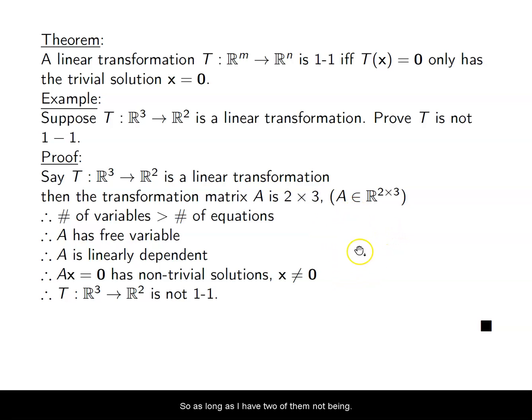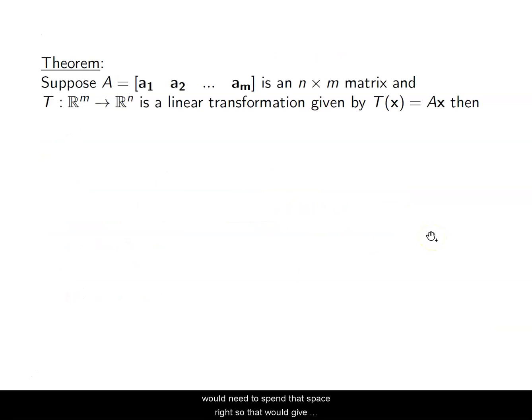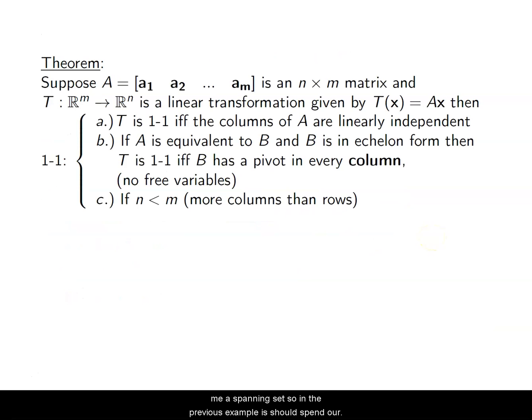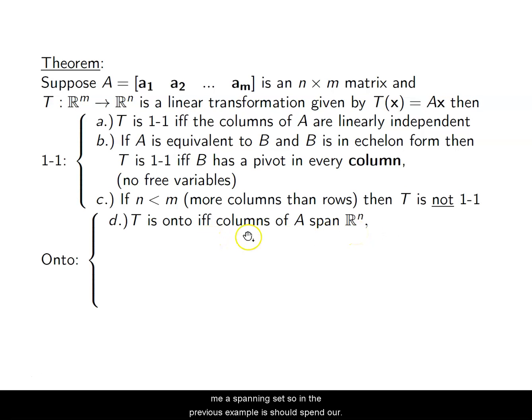So as long as there are 2 different ones, so at least one is not a scalar multiple of the other, it should span R2, because then I'll have 2 of the 3 vectors being linearly independent, and that's all I would need to span that space. So that would give me a spanning set. So in the previous example, it should span Rn, and since it spans Rn, it spans the entire range. Rn is my range.